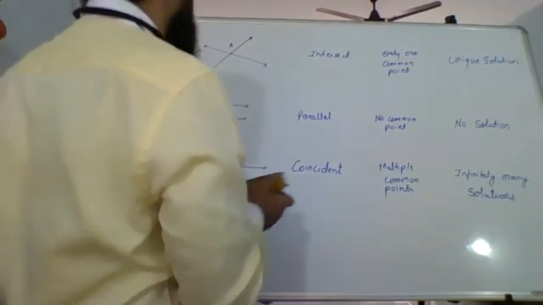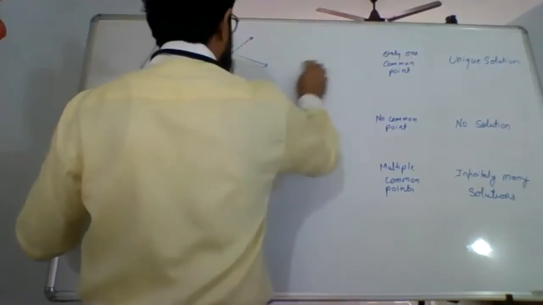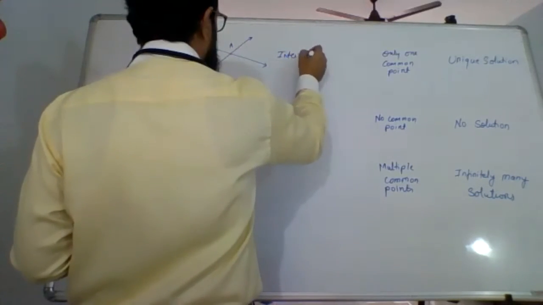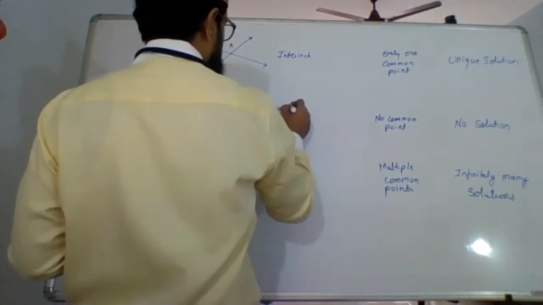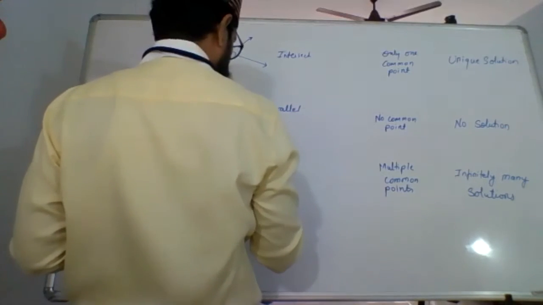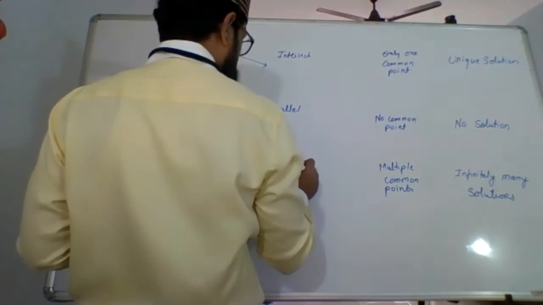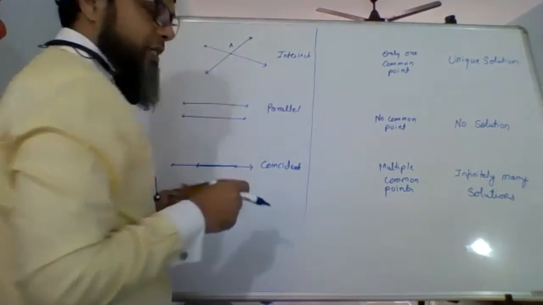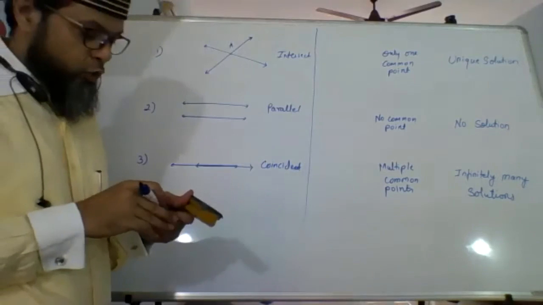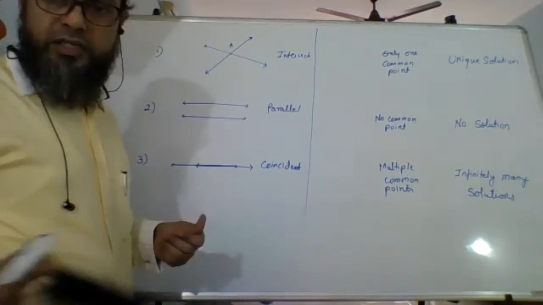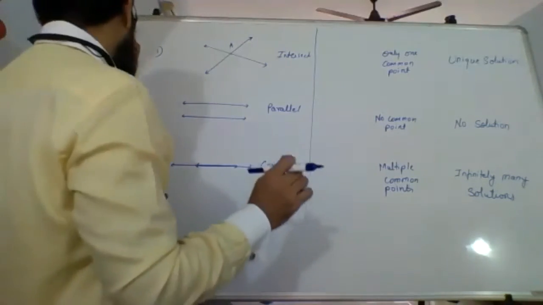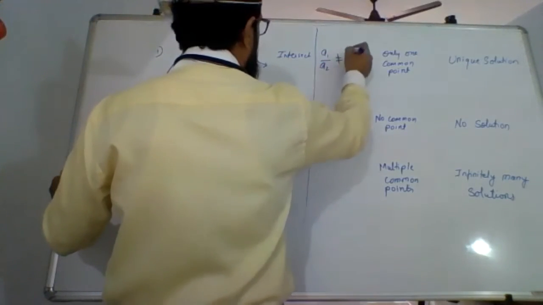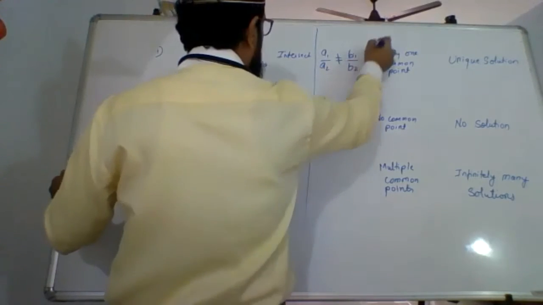Here you can say, okay, we will see, as I said, it is ax plus by plus c. So when there are two lines, first one will have a1, b1, c1. Second one will be a2, b2, c2. So when this is there, here you will see a1 upon a2 is not equal to b1 upon b2.